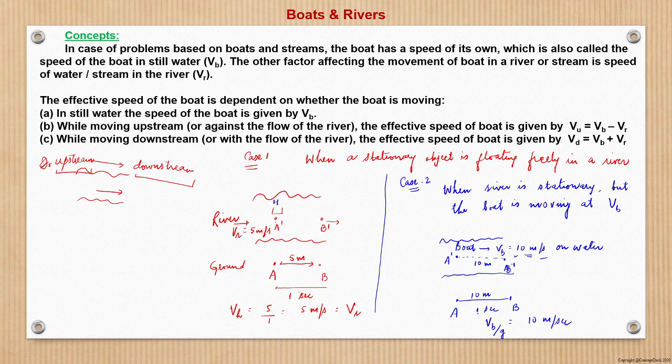So now we have seen the meaning of the velocity of the river and the velocity of the boat, and now we will come to the final case. Let me draw the case here only.